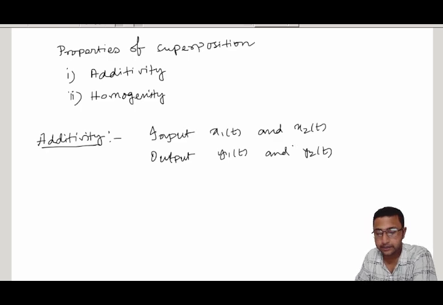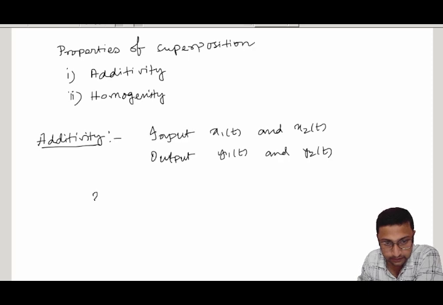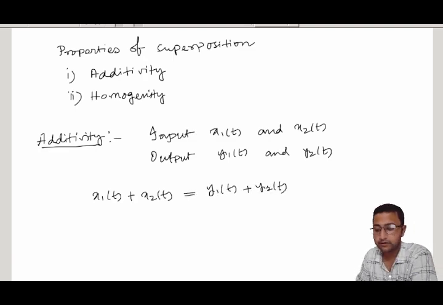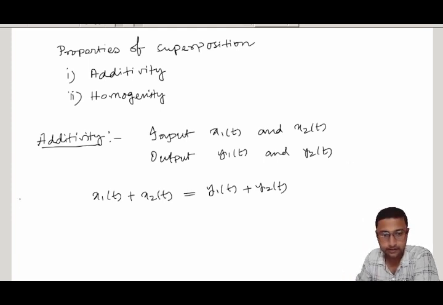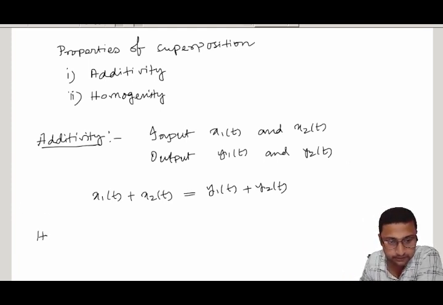The additivity property states that the input x1(t) plus x2(t) should correspond to the output y1(t) plus y2(t). This is the property of additivity. This property must be followed when a system is said to be a linear system. And what is the property of homogeneity?